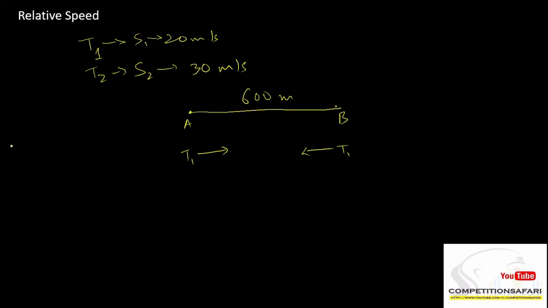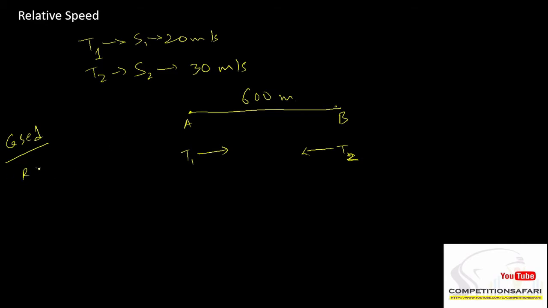So in terms of relative speed, we have two conditions. In the first case, when the objects are moving in directions opposite to each other, which means if train 1 is moving towards B, then train 2 is moving towards A. So these two objects are moving in directions opposite to each other.